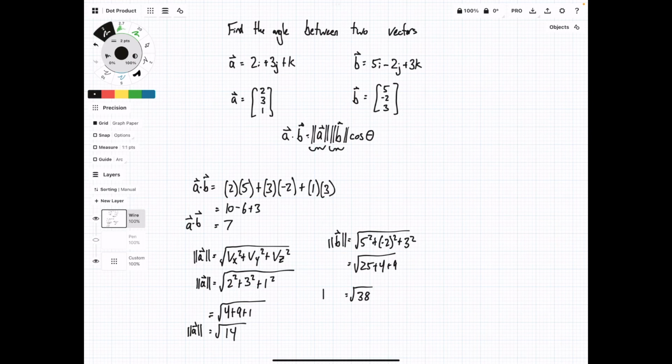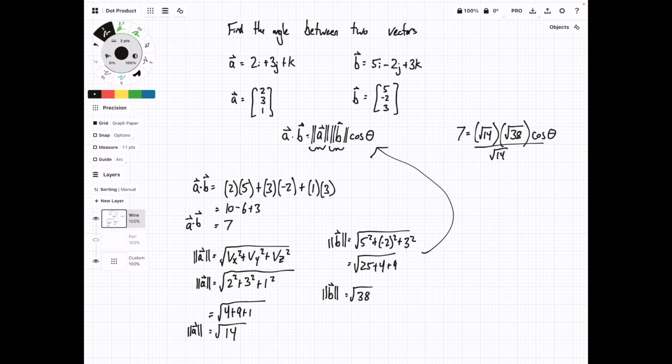Okay, so now that we have all of these components, we're going to plug them back into this formula here. So we're going to have 7, which is A dot B, is equal to square root of 14, that's the magnitude of A, times the magnitude of B, the square root of 38, times cosine theta. Now what we want to do is divide by square root of 14 and the square root of 38. So divide this side by that.